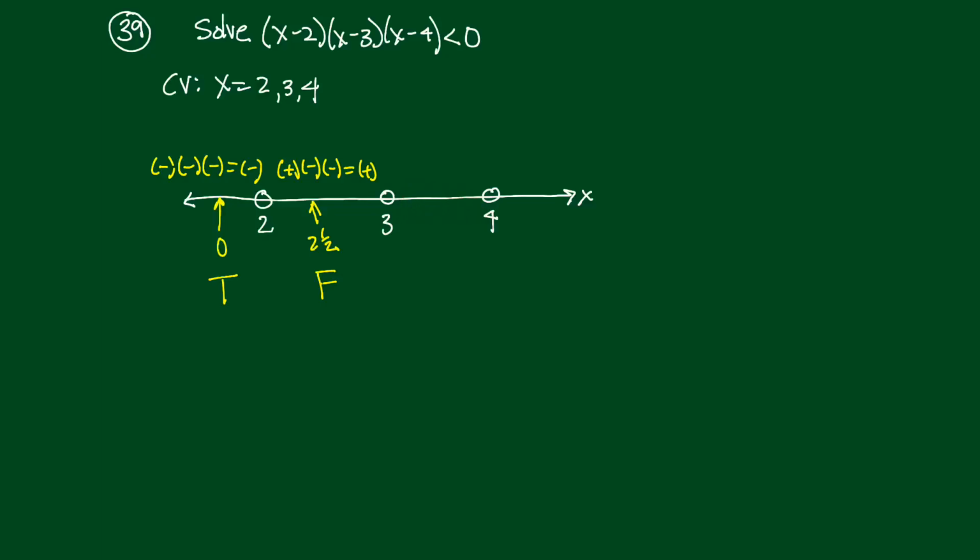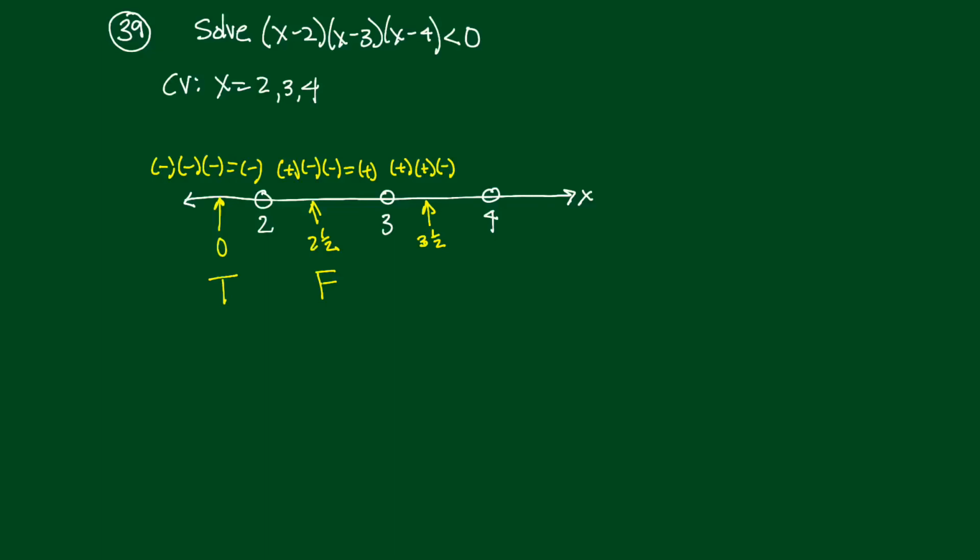Pick a number here like maybe 3.5. If I pick 3.5 as my test point, put that 3.5 here, here, and here. So let's just do it. 3.5 minus 2, that's positive. 3.5 minus 3 is positive. 3.5 minus 4 is negative.